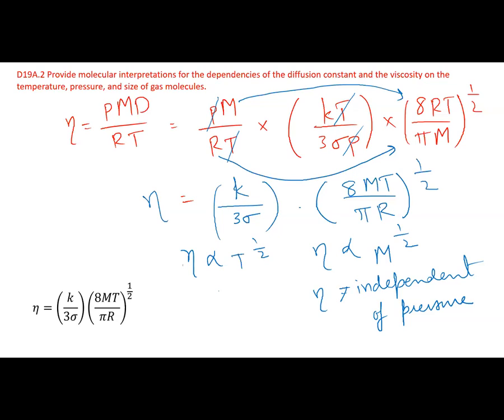As you increase the temperature, the viscosity increases by a power half. And if you increase the molar mass, as the molecular mass gets bigger and bigger, the viscosity coefficient is going to be bigger and bigger. So this is how the diffusion coefficient and the viscosity depend on the temperature, pressure, and the size of the molecules.